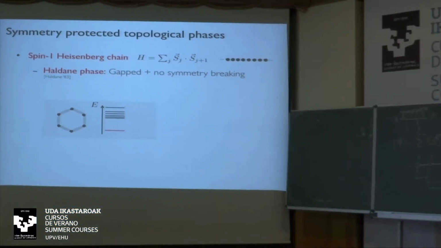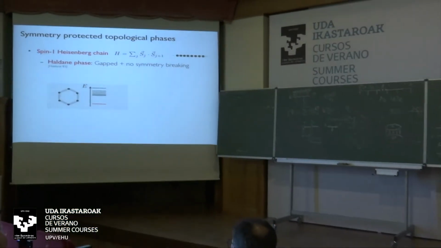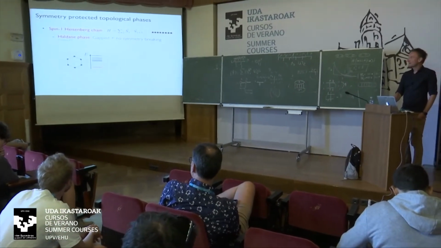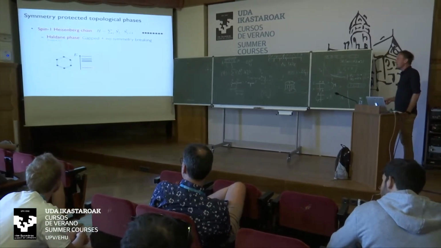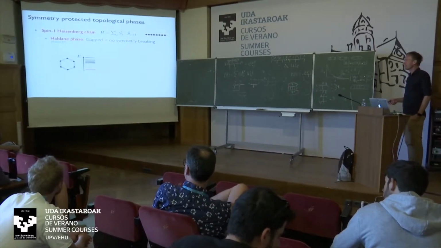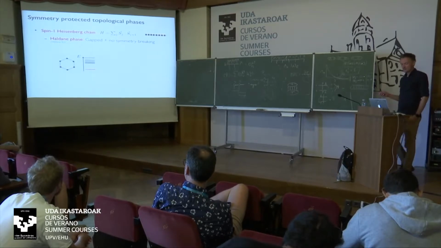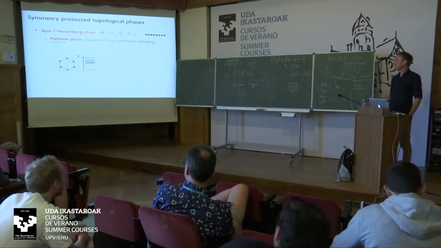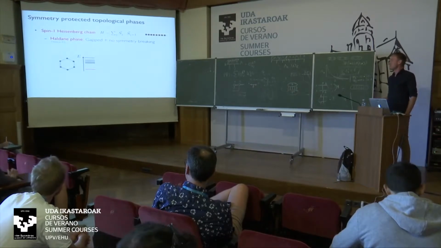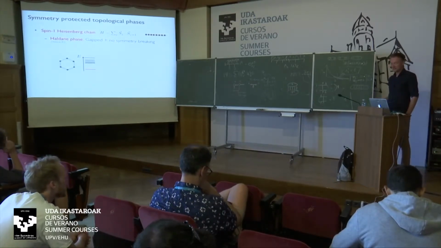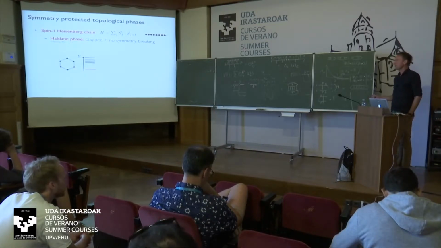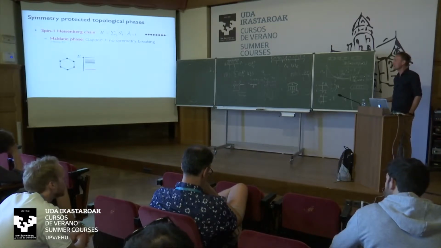The reason that this was quite exciting and potentially also unexpected is that for the spin 1/2 chain, there's an argument based on the Lieb-Schultz-Mattis theorem that the ground state is actually gapless. And at that point, people knew for half-integer spins that the system is either gapless or it has to break the symmetry.